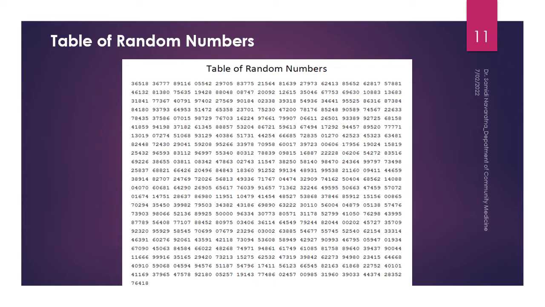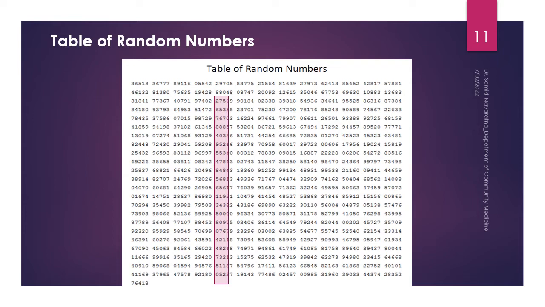So let's say I determine that I am going to go down a column, and I am going to use the first 3 digits of the numbers, and let's say when I put a pin on this table, the pin head was lying on 27569.